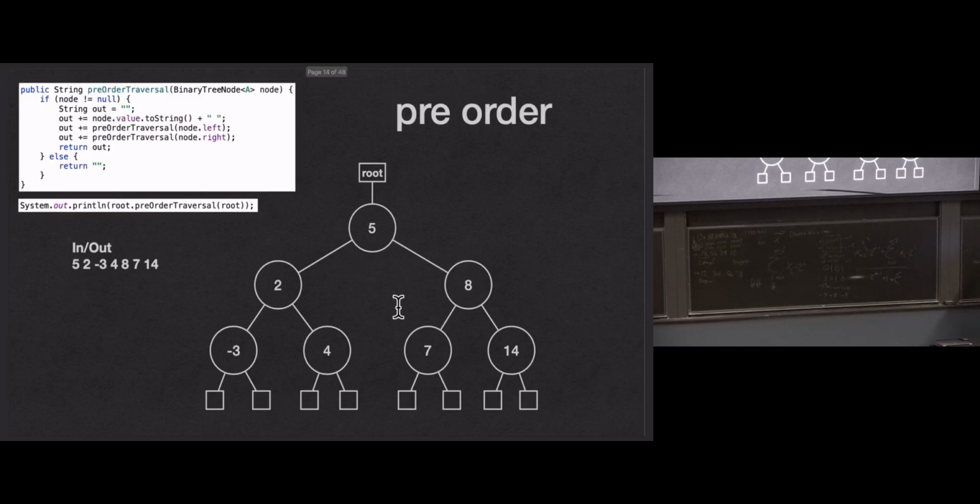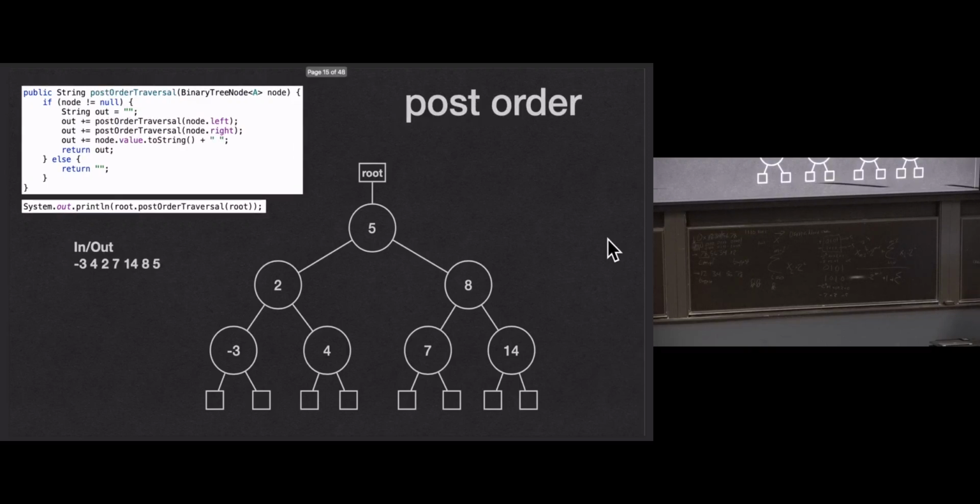For a pre-order, we're going to visit the node, then make recursive calls. So the root is going to be the very first node visited. Then we visit 2, then -3, then make our recursive call of null, null, visit 4, recursive calls, visit 8, visit 7, these return, visit 14, and then everything returns back up.